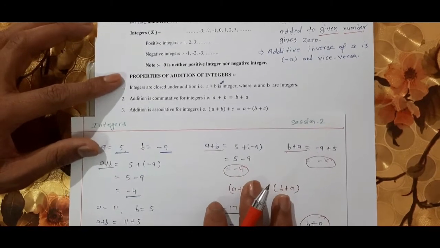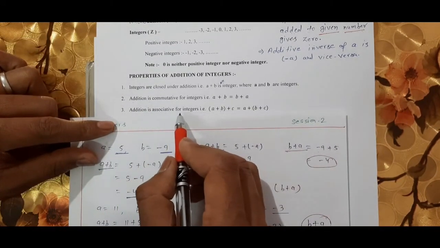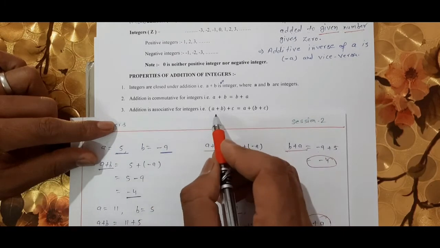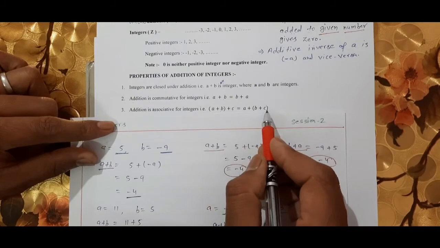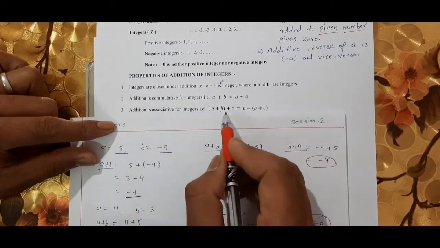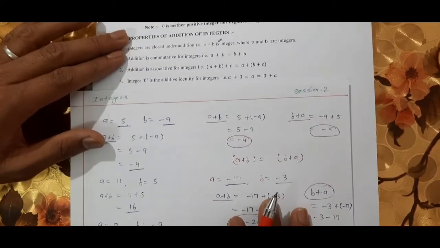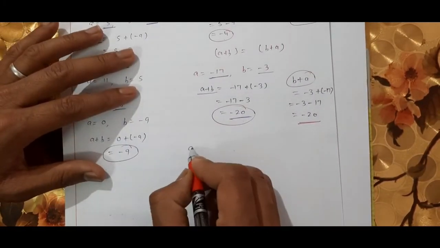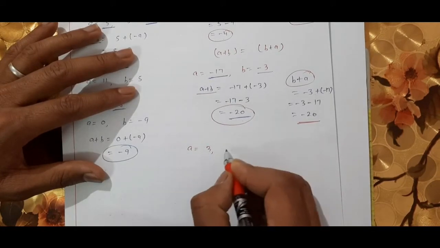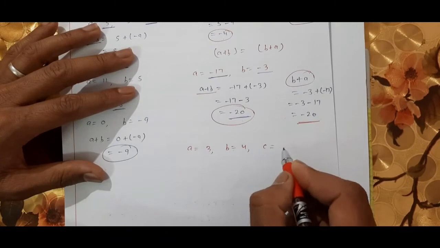Now our third property is addition is associative for integers, that is a plus (b plus c) equal to (a plus b) plus c. Associative means we can use brackets anywhere. For example, a is 3, b is 4 and c is 9.